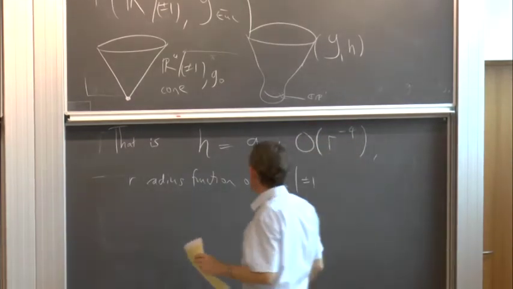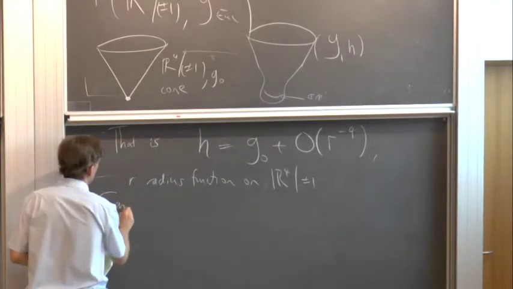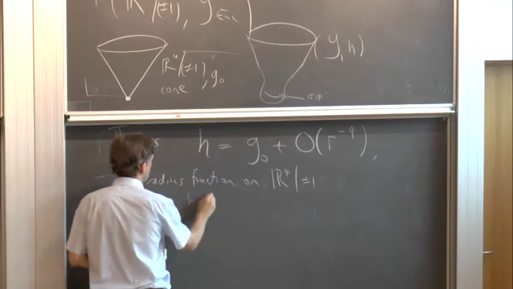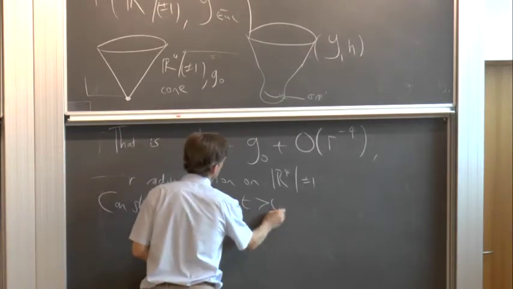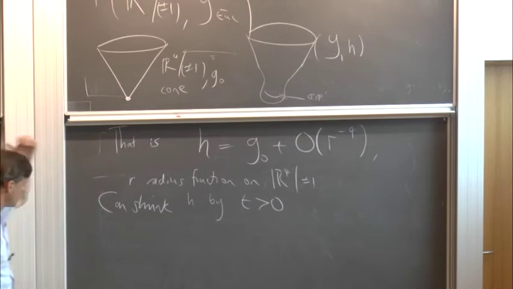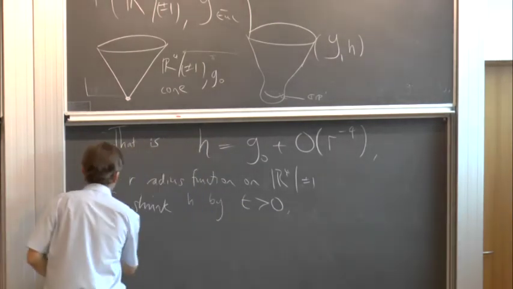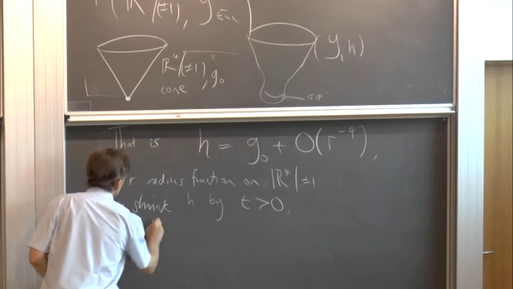Okay. Now we can shrink h by a factor t greater than 0. Well, if we shrink distances by t, then we can consider y and t squared h.